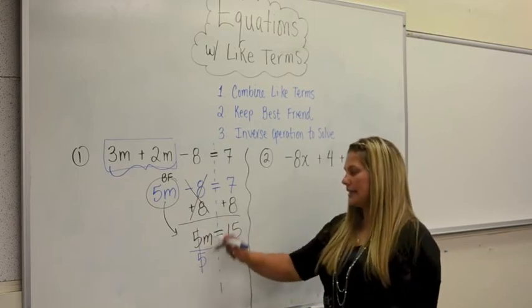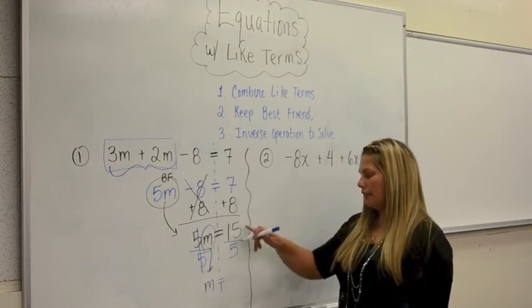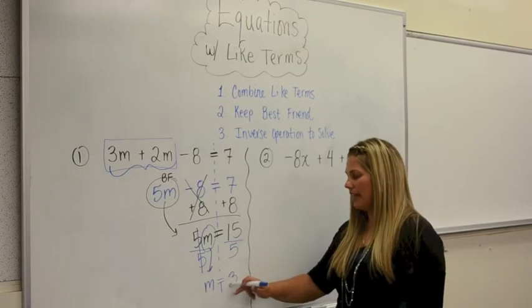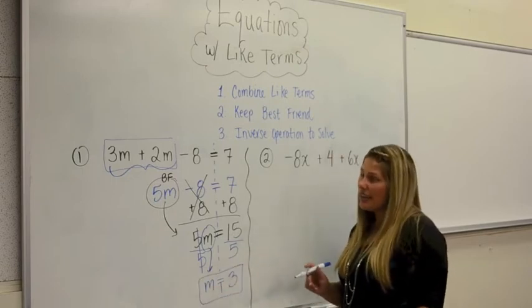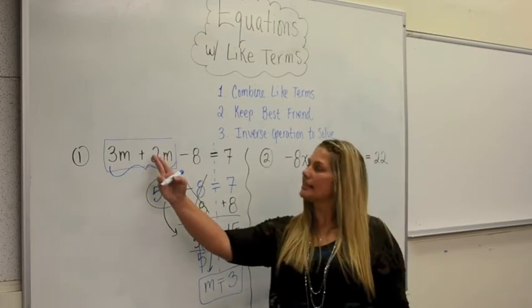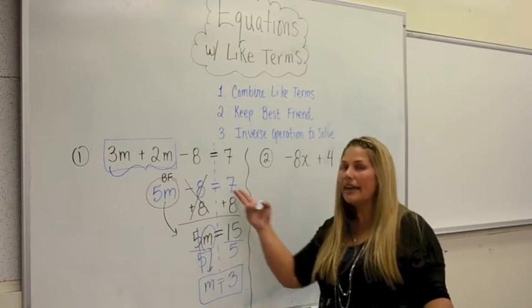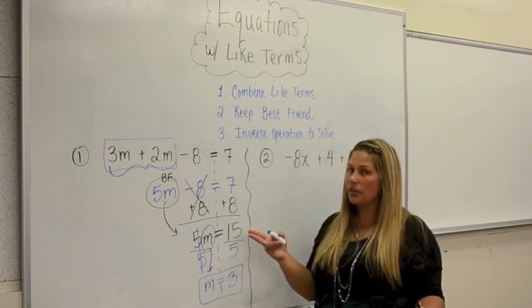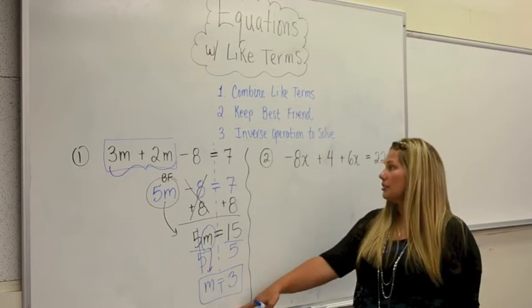So those 5's cancel out, and I get my 1m. And 15 divided by 5 is just 3. So really, all we're adding is combining those like terms, which we've already done. And then it becomes a two-step equation, which we've also already done. And then we get our solution.